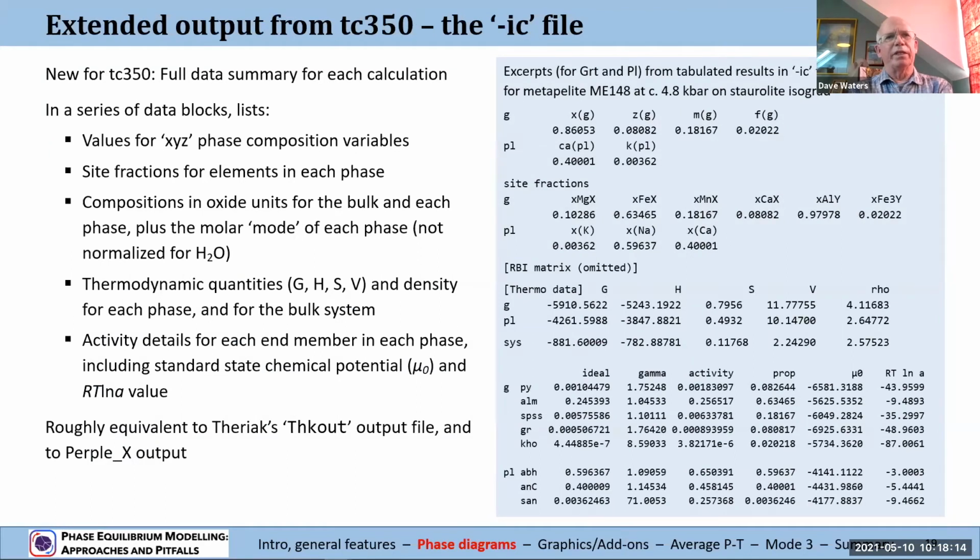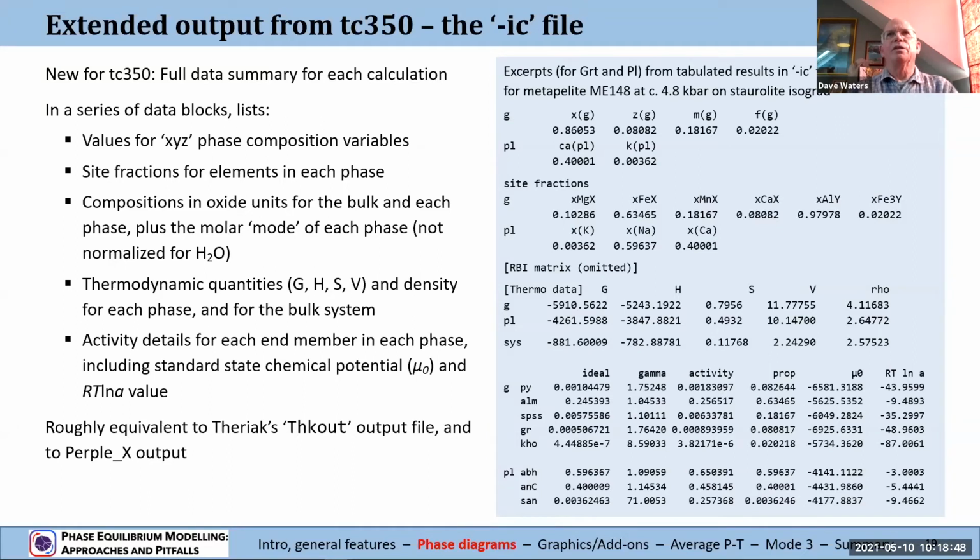The extended output in that IC file will give the RBI block for you, and it'll also output a lot of other parameters: the XYZ phase compositions, variables, site fractions for elements in each phase, compositions in oxide units for the bulk and each phase, the molar mode of each phase, thermodynamic quantities, and in the bottom block, activity details for each member in each phase.